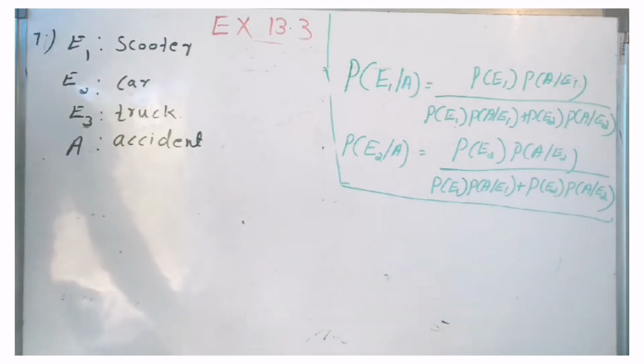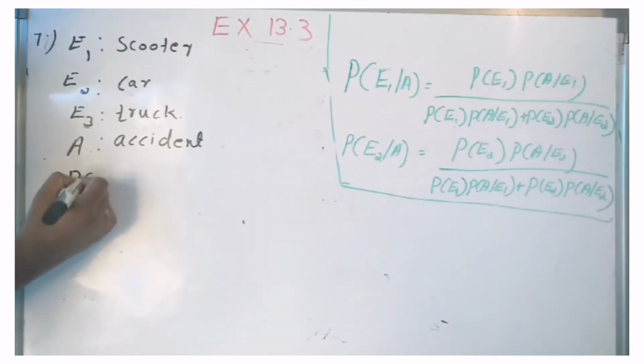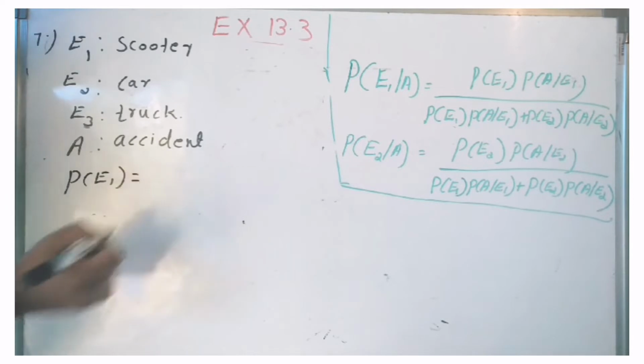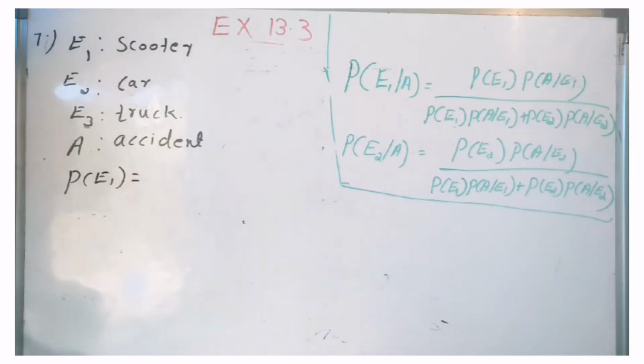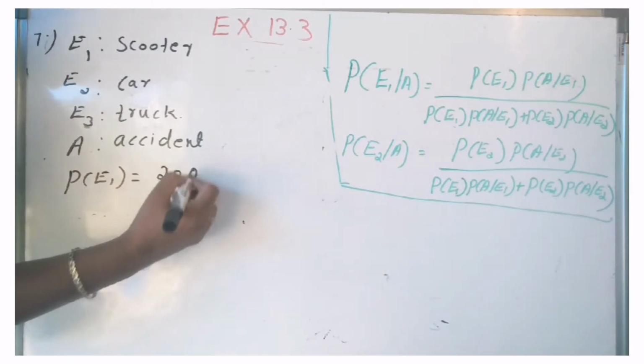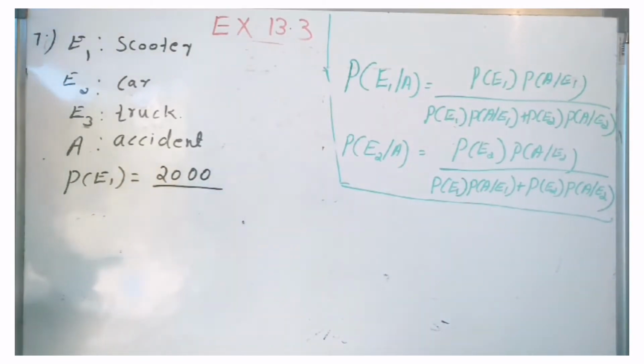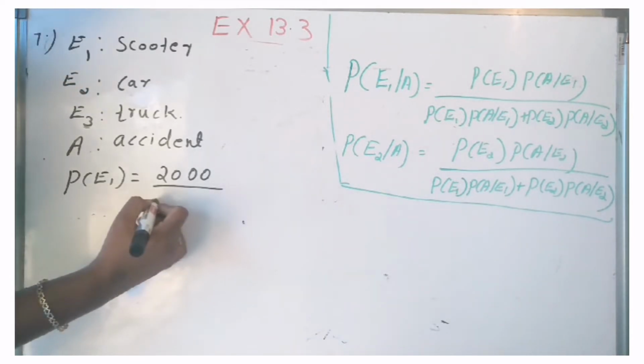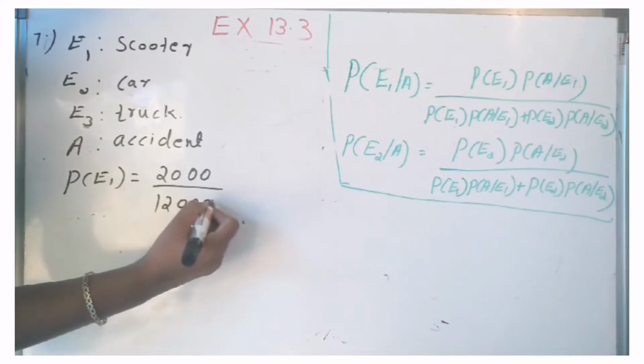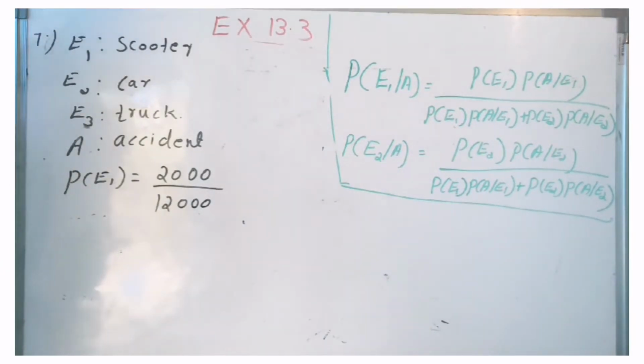Now P of E1. It is given that 2,000 scooter drivers took insurance. So 2,000 divided by the total number of persons, that is 2,000 plus 4,000 plus 6,000, which is equal to 12,000.